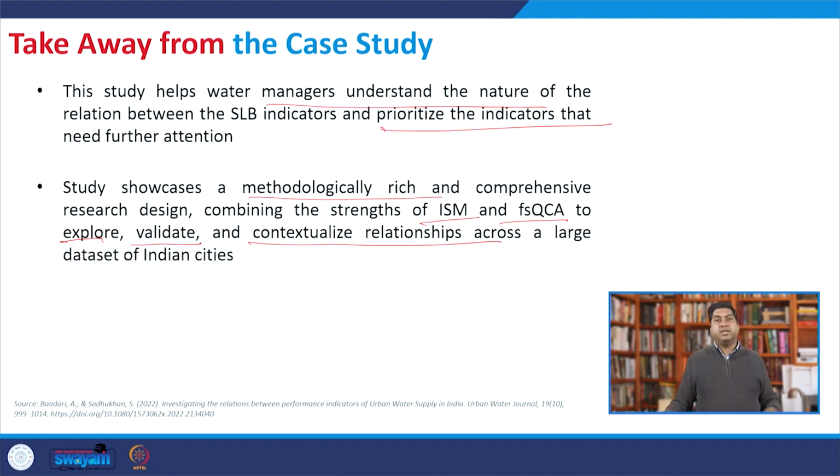In this study, if we had used only the expert opinion, we would probably be missing the validation part, or if we were only doing the quantification of what is there, we could not say that the data may lead to some sort of output. But when it is confirmed through the relationship that we observed in ISM, it gives much more confidence. That is one of the advantages of mixed method, where you can also confirm the relationship.